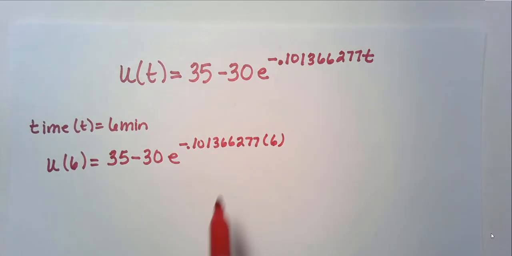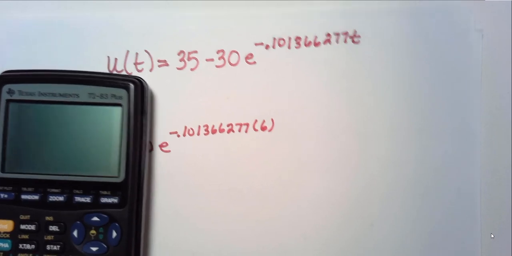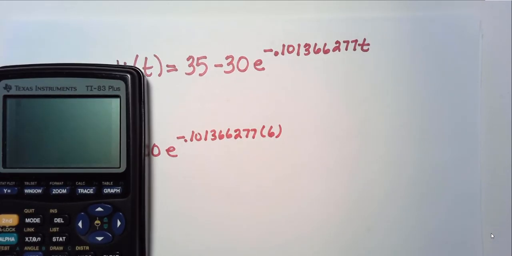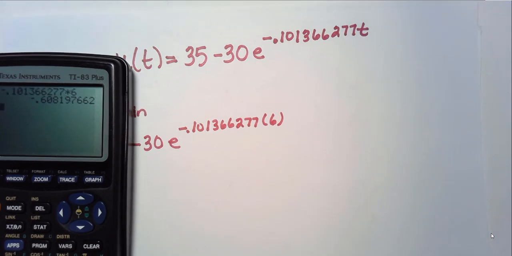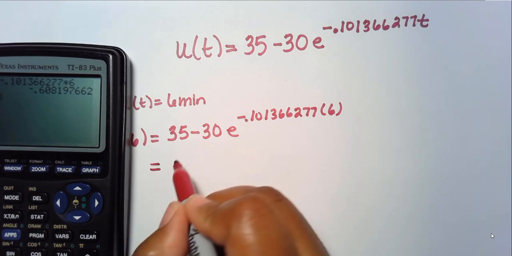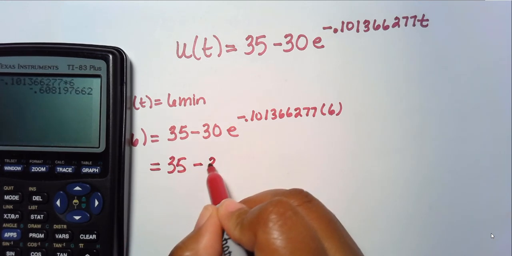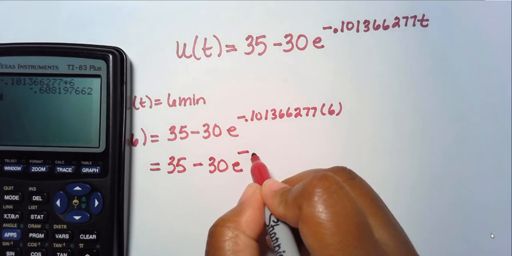Let's multiply that decimal by 6 in the exponent. We have negative 0.608197662. So we have 35 minus 30 e to the negative 0.608197662.